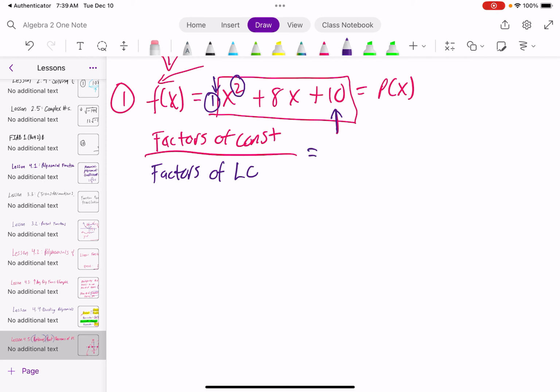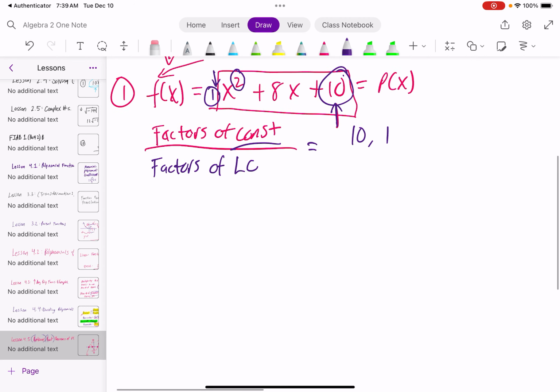So the factors of the constant term, 10. What are factors of 10? 10 times 1, right? We have 2 times 5, and that's it.